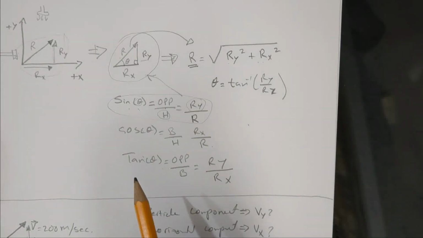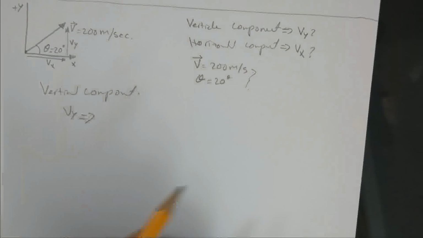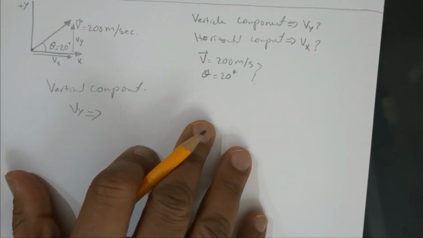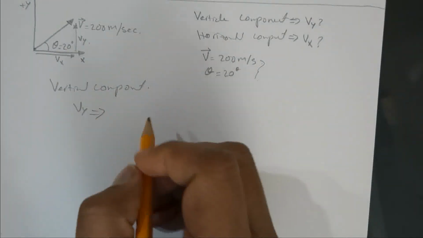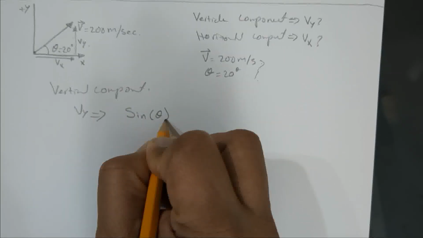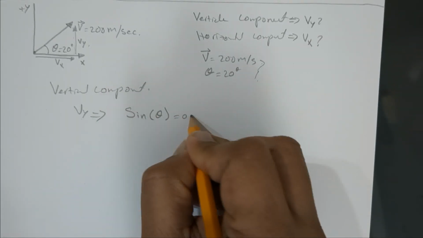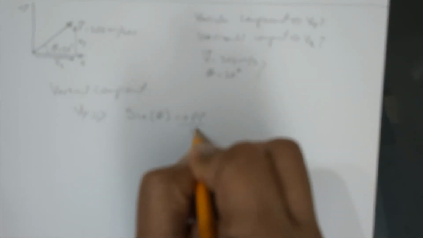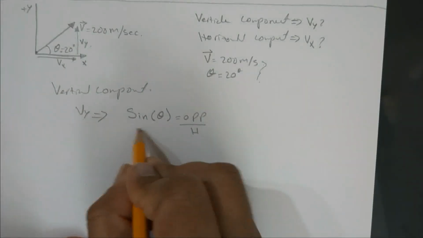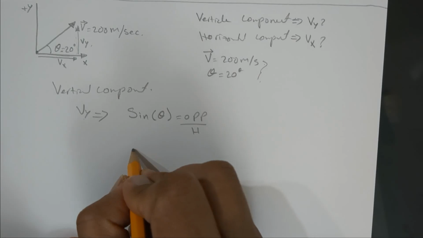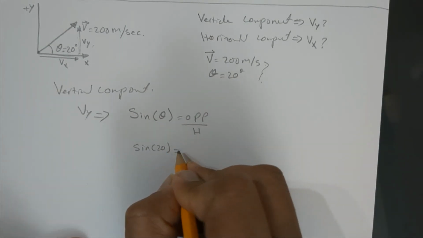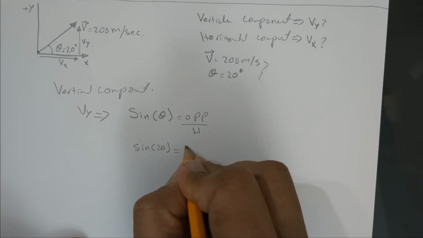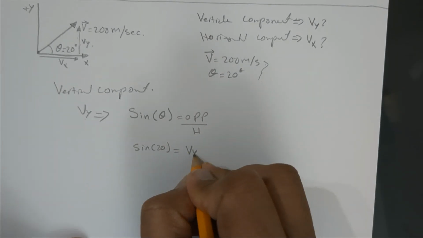All right, so let's write the equation down in here. So Vy, which is this, right? And we said sine of theta is equal to opposite over hypotenuse, right? So we know sine of theta, sine of 20, we know 20, it's 20 degrees. Opposite is Vy, that's what we're trying to figure out, right?